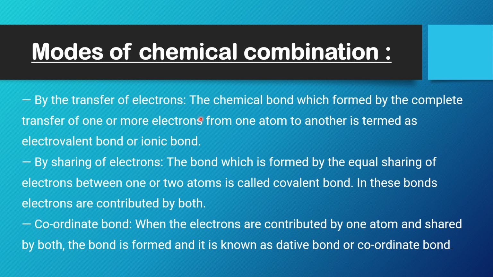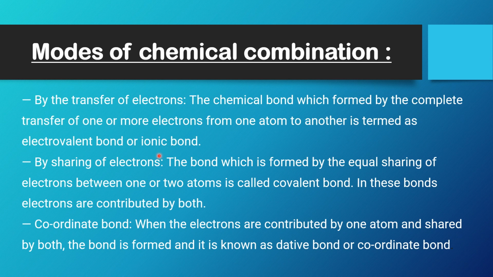The chemical bond formed by the complete transfer of one or more electrons from one atom to another is termed the electrovalent bond or ionic bond. The ionic bond is formed when one or more electrons from the valence shell of an atom are completely transferred to the valence shell of another atom.